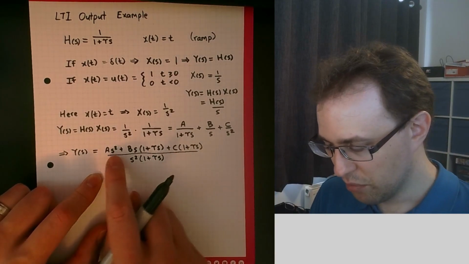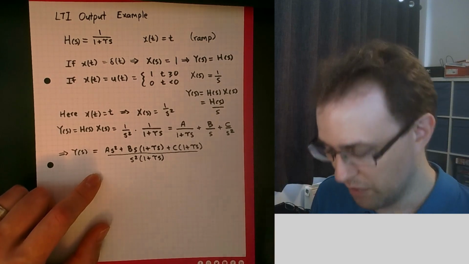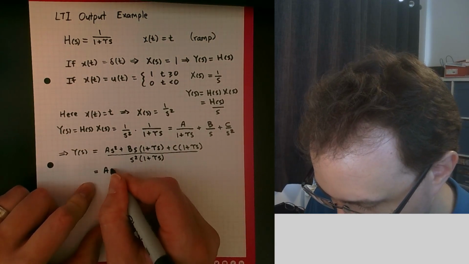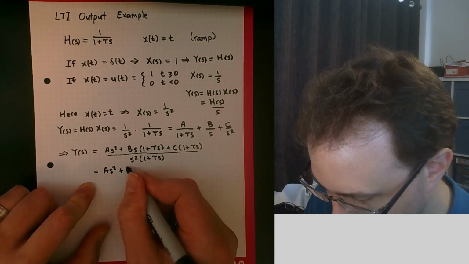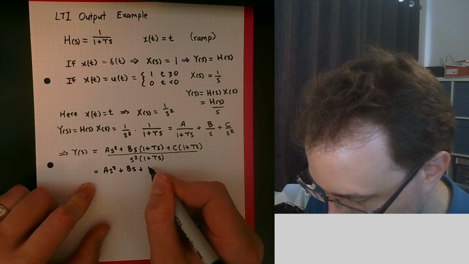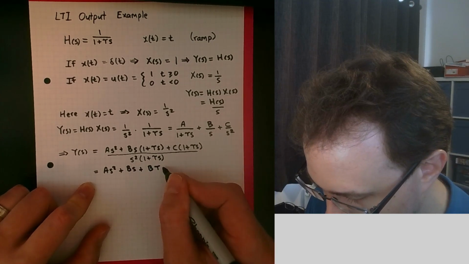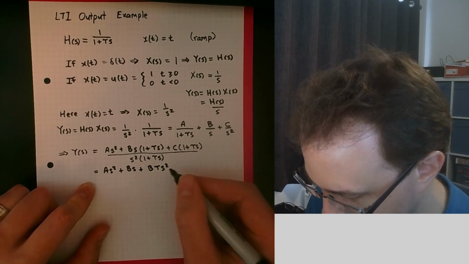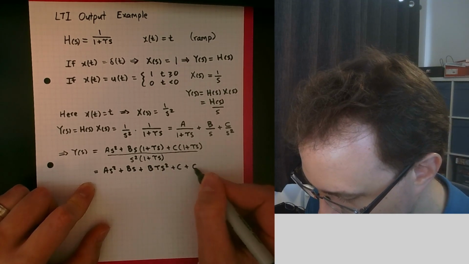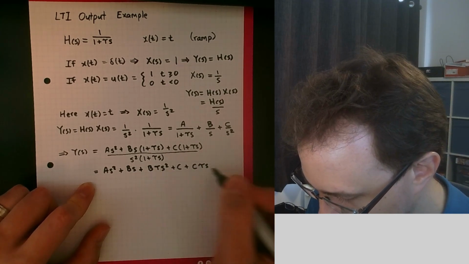Now we can take the numerator and multiply it all out so we can see all of our individual terms. So we have a s squared plus b times s plus b times tau times s squared plus c times tau times s.